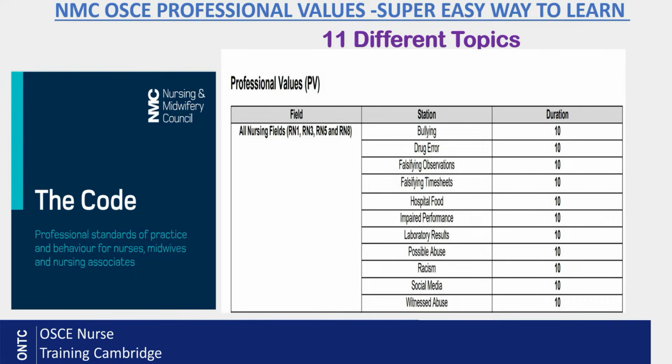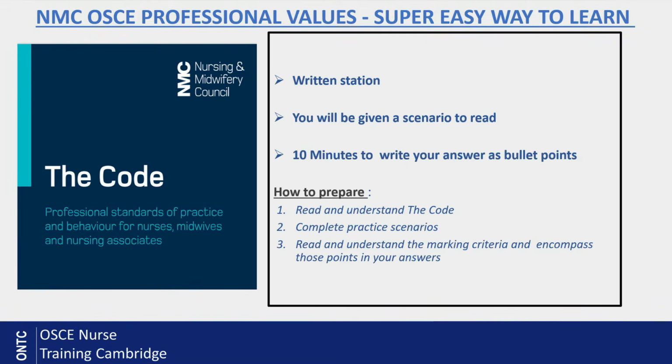Just a quick revision of the professional value station: we have 11 topics now, as you can see on your screen. These are the latest ones, the newly revised list, as they have taken a few topics out. These are the 11 up-to-date topics in your syllabus. It's a written 10-minute station.